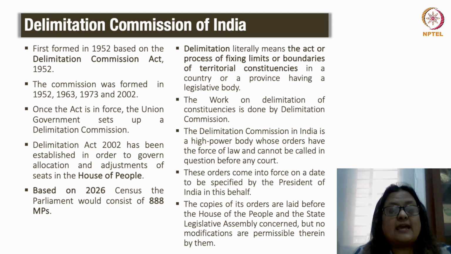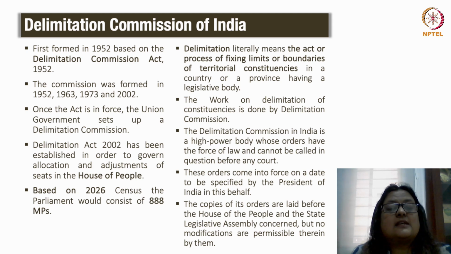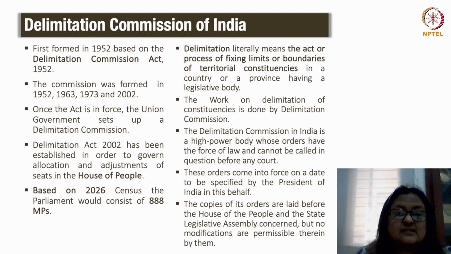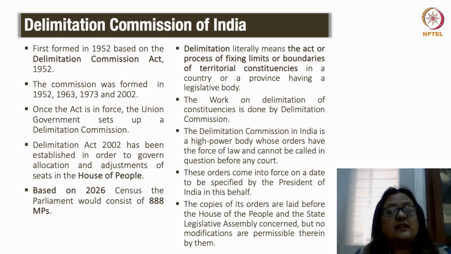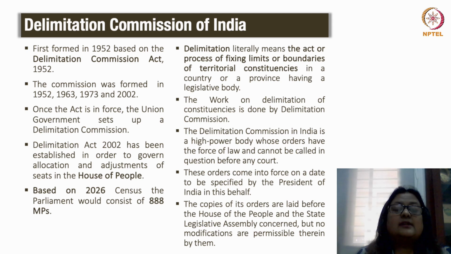The Delimitation Act of 2002 has been established to govern the allocation and adjustment of seats in the House of the People. The allocation and adjustment are made based on population. Whenever a census is conducted, the Delimitation Commission readjusts or allocates the constituencies as per the census.